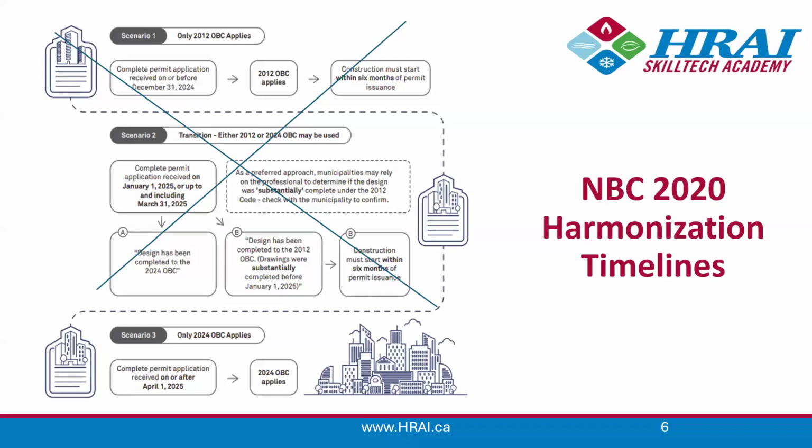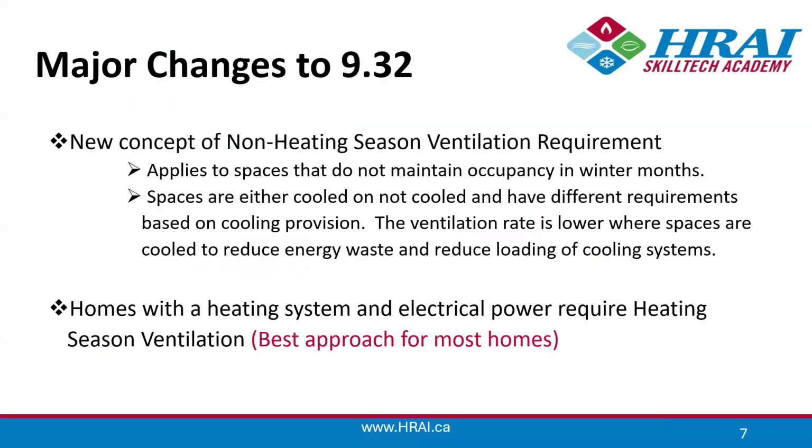So here we are. The major change in 932 is that we have a new concept of non-heating season ventilation. This applies to spaces that do not maintain occupancy in the winter months. Spaces are either cooled or not cooled and have different requirements based on that cooling provision.